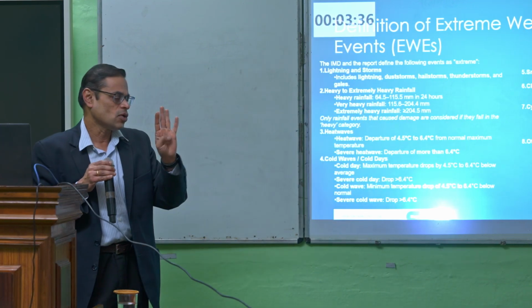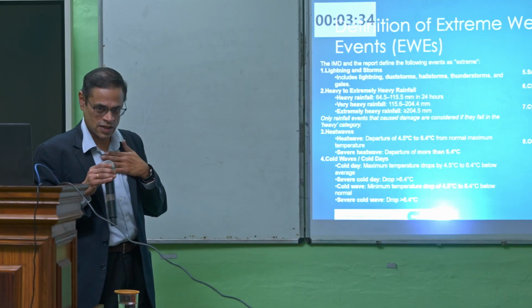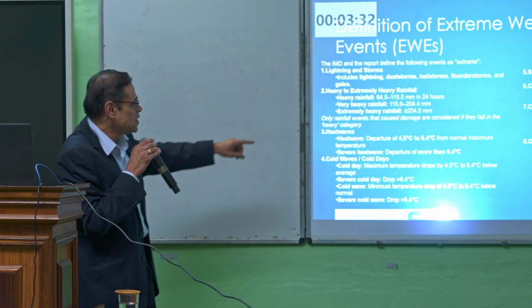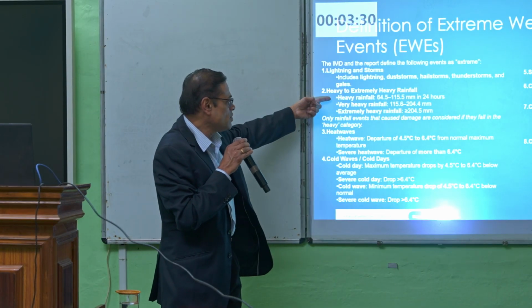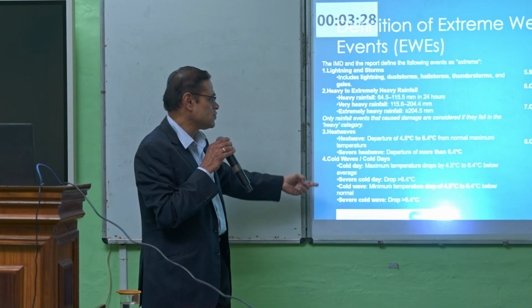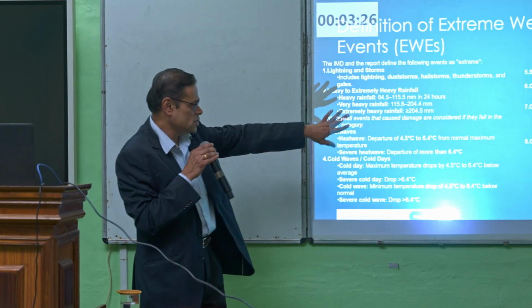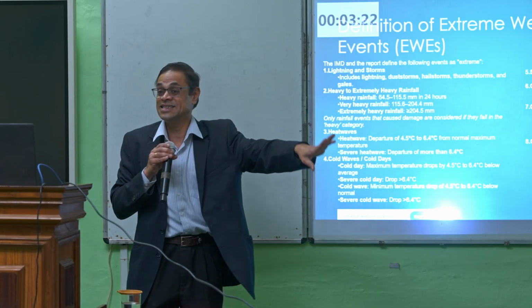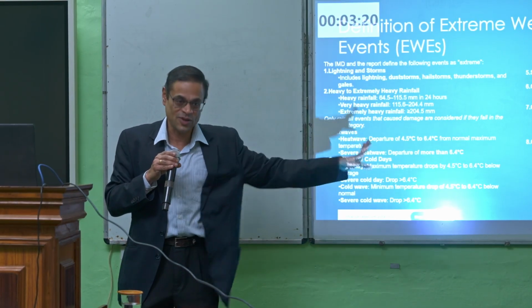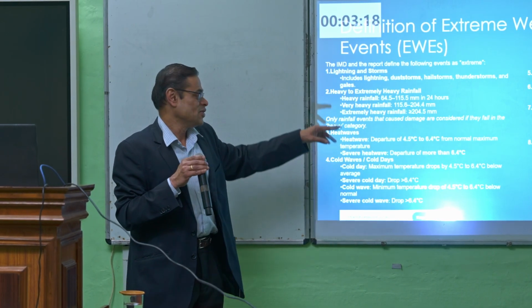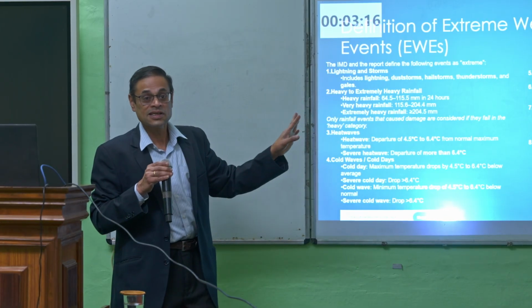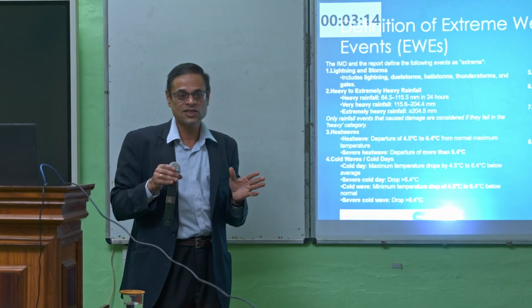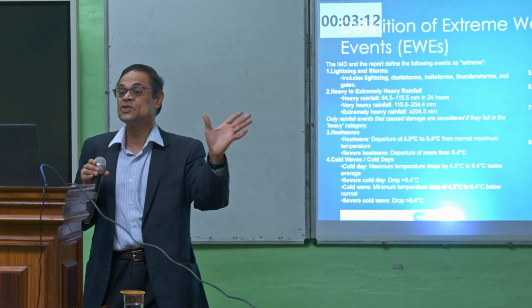But we are talking about 4 extreme events in this class for the next 4 or 5 days. We are talking about extreme rainfall amounts, heat waves, and also drought, which is not included here. That's an opening for us, right? And then landslides, which is an important topic that's also not included.